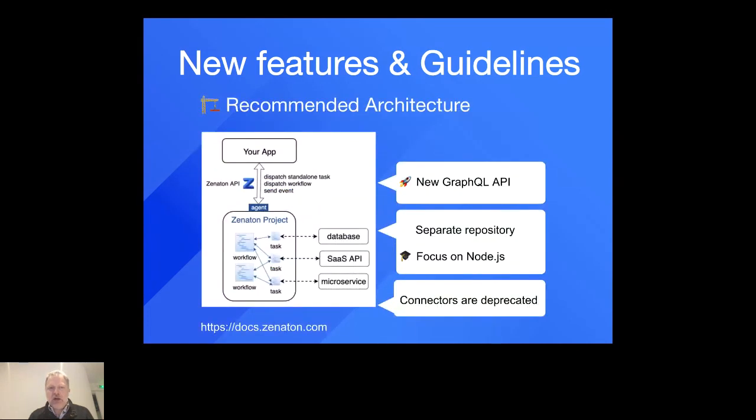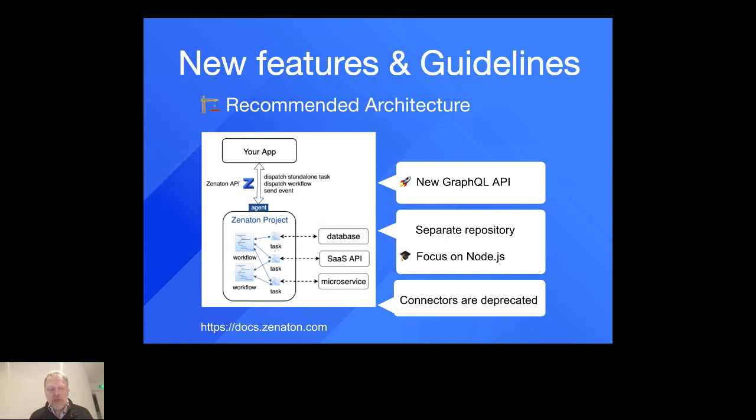Then about the new architecture. This is quite an important subject. What we have learned is that to benefit as much as possible from Zenaton, it's always better to have your own Zenaton project in a separate repository from your app.